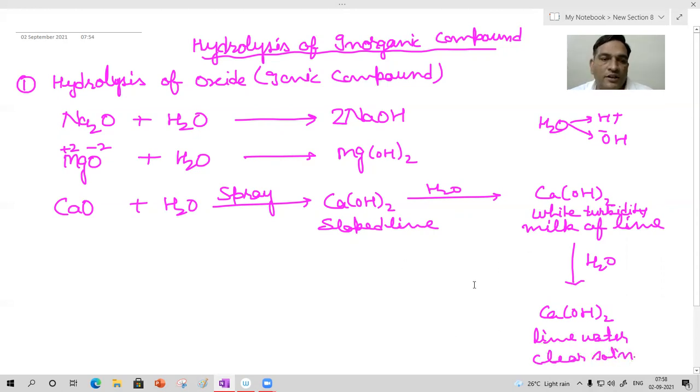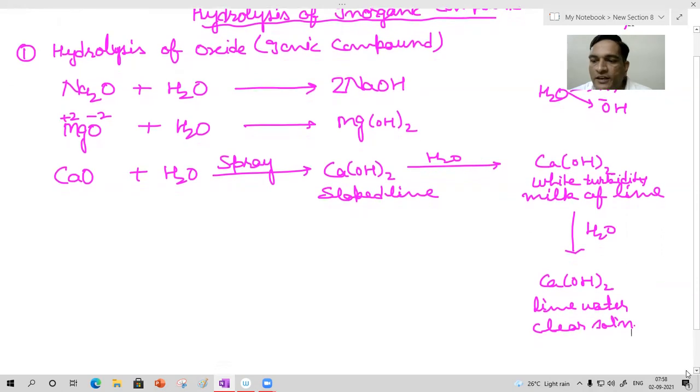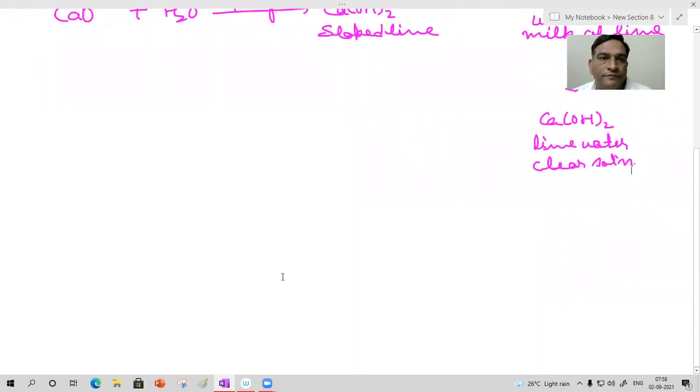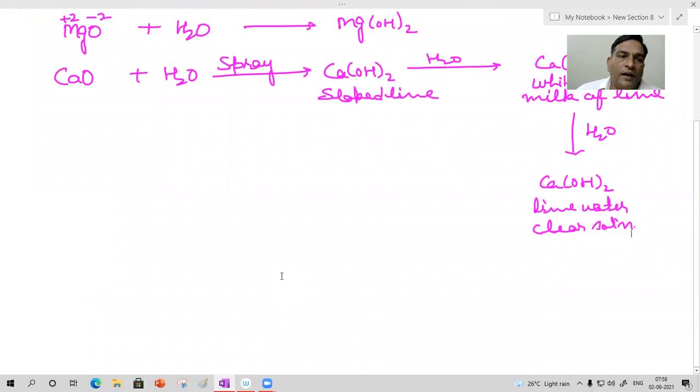These chemical reactions come from the S block, sodium, magnesium and calcium hydroxides. So various reactions are given. We are adding all the reactions at one place.